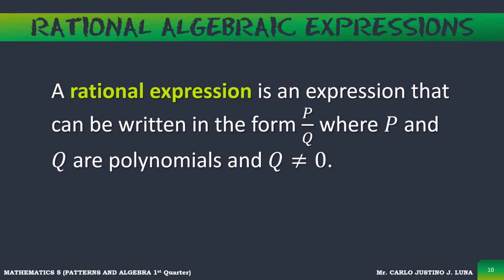Ang P ay ang tinatawag nating numerator at ang Q ay ang denominator. At pareho silang mga polynomials. Ibig sabihin, pwede silang monomial, one term only, pwedeng binomial, pwedeng trinomial, or mas marami pa. But, Q is not equal to 0.